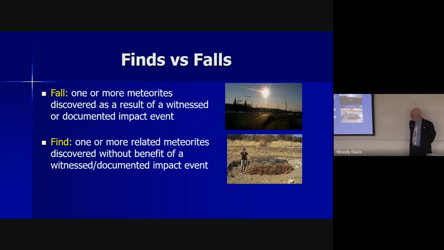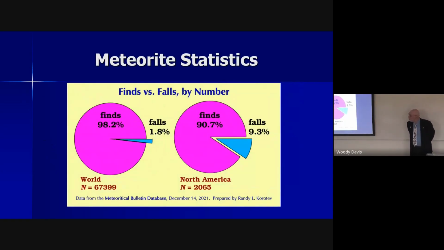What I don't have is a piece of the bottom one, which is called Hoba. That happens to be the largest known single meteorite piece. And that's because it's mostly still in the ground in Namibia, where it's sort of a national treasure. And the number of finds vastly outweighs the number of falls.